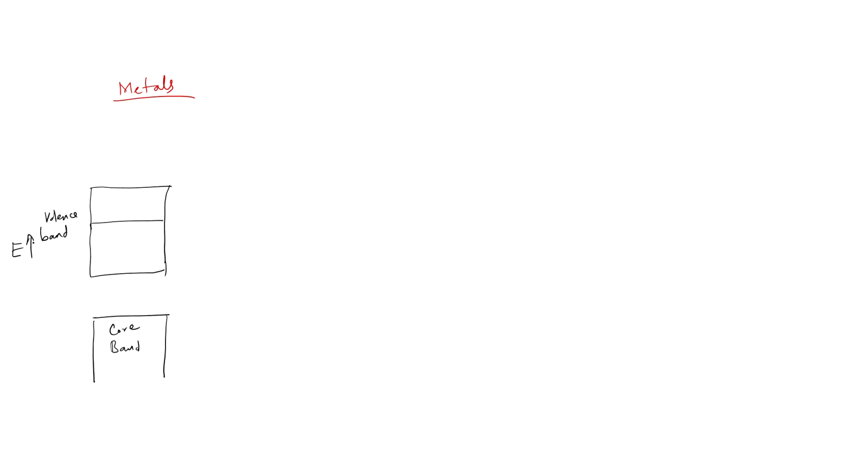So, this is partially filled, or you can have a situation where we have a core band and a filled band which is overlapped by an empty band. These are called overlapping bands.